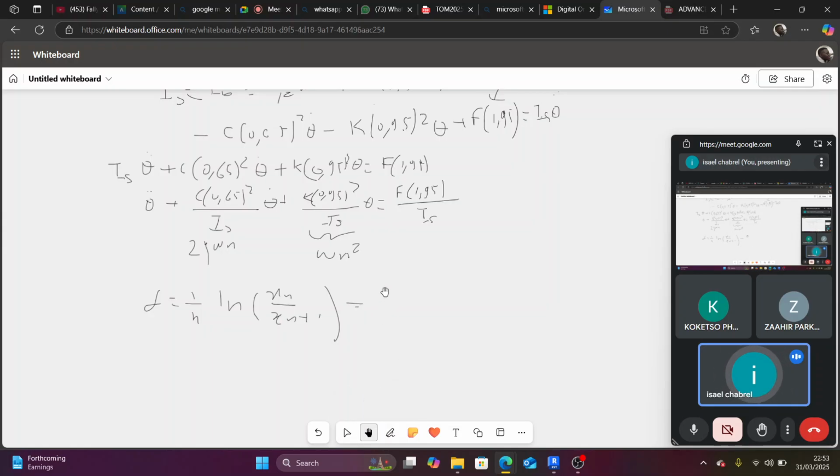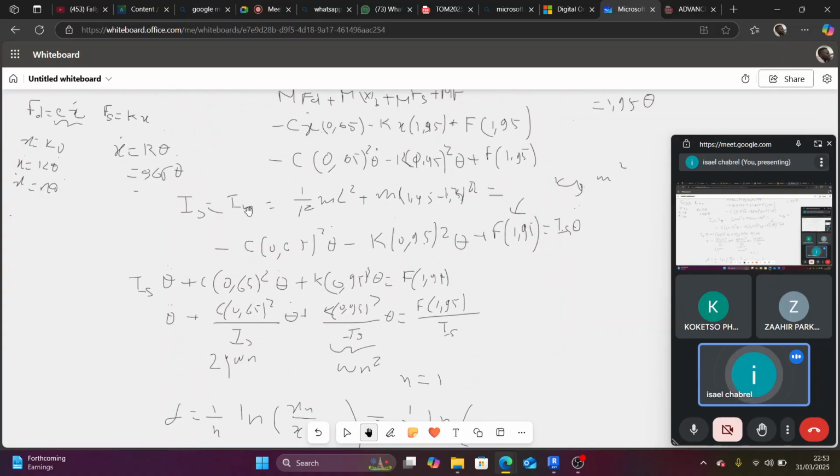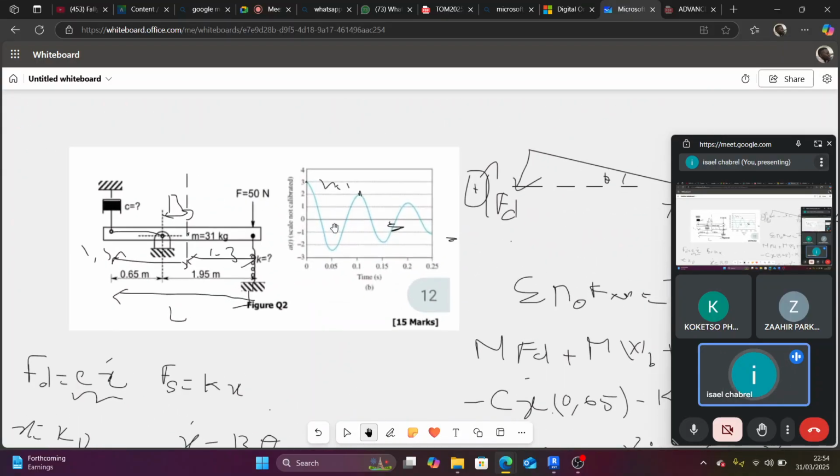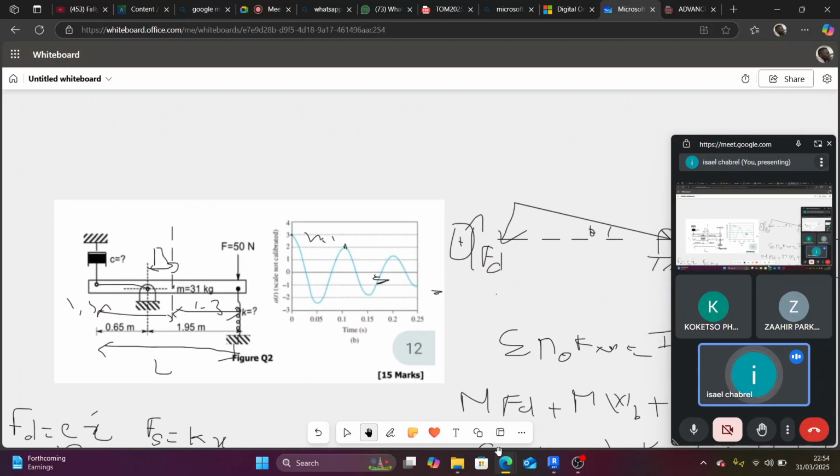What is n? They said n is one consecutive, right? So you have 1 over 1 times the ln of xn over xn plus 1. That you see from the graph. xn is simply the highest amplitude, 3.